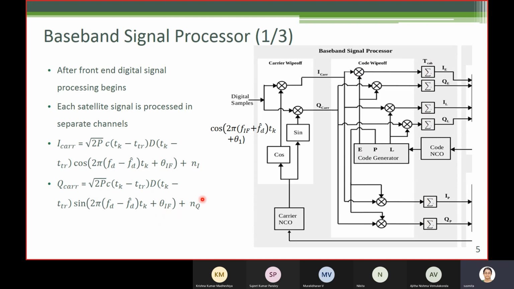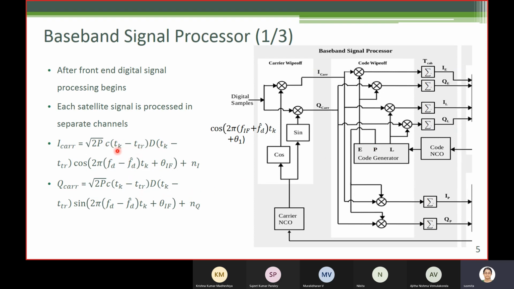Now when we multiply this P code, that is the code that the receiver wants to align with the incoming code, suppose an ideal situation where the receiver has been able to perfectly align the prompt code with the incoming code. Then these prompt code samples are multiplied.